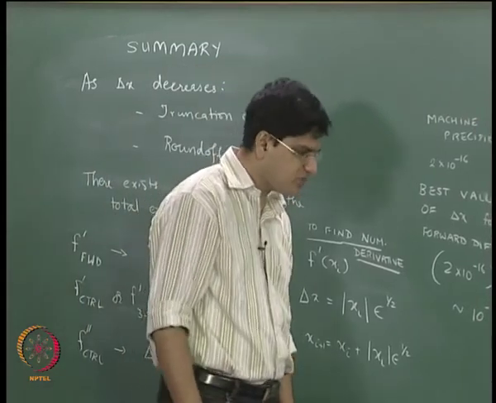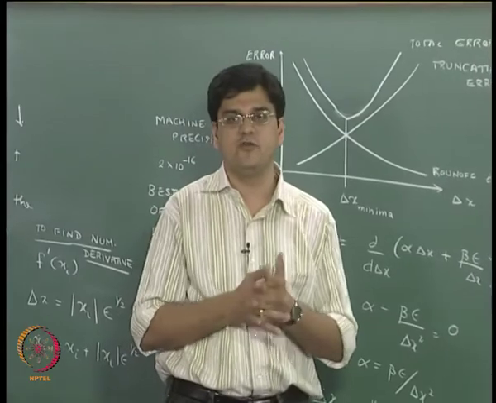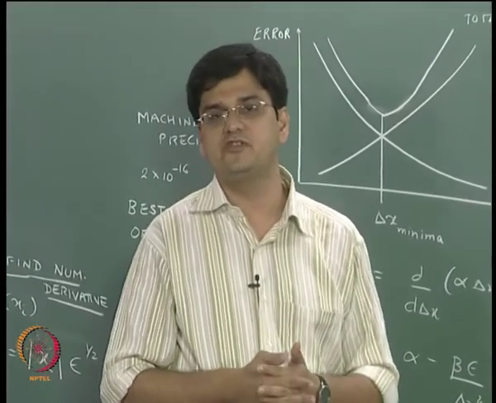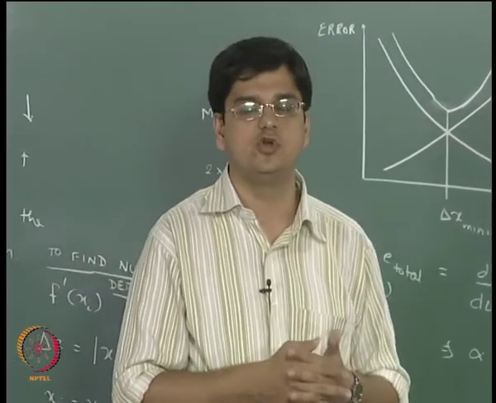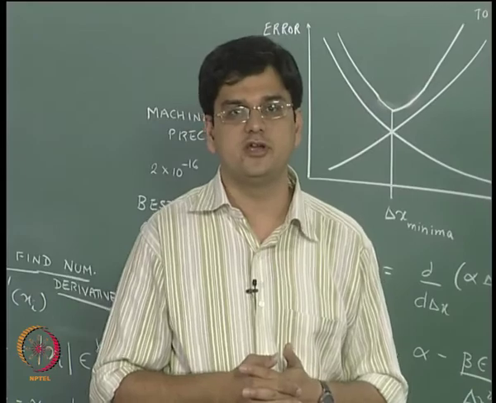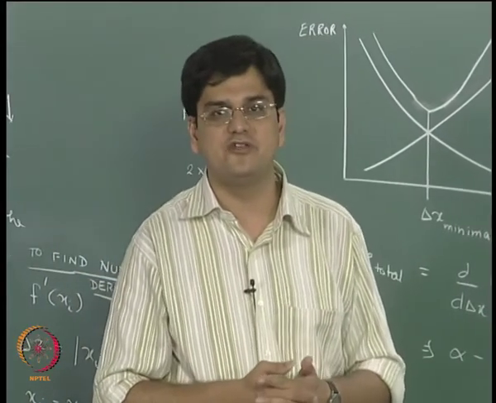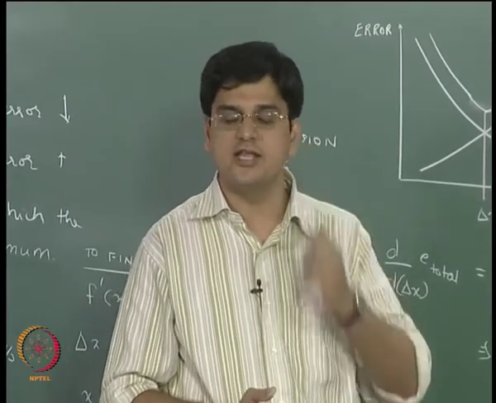Okay. So to summarize what we have done in numerical differentiation, what we started off with was we just said that geometrically numerical differentiation means finding the slope of a particular curve, and then we saw the forward, central and backward difference methods and the geometric interpretation of using them.